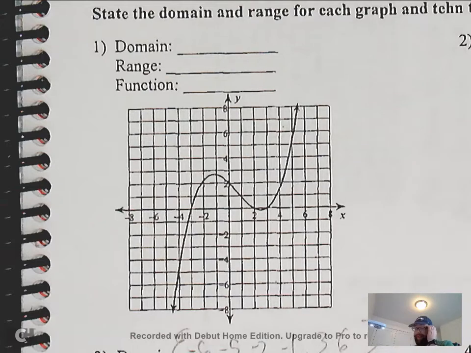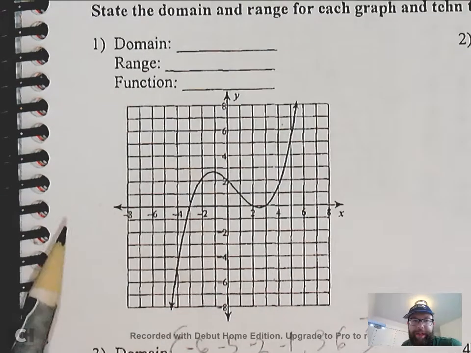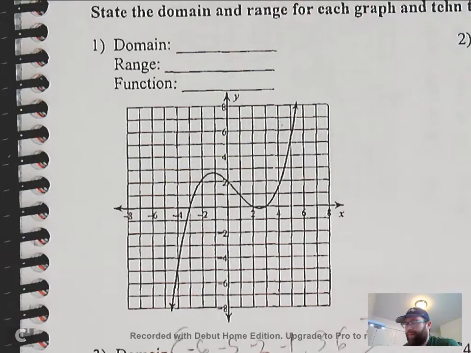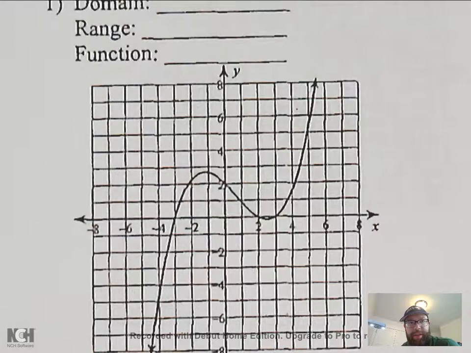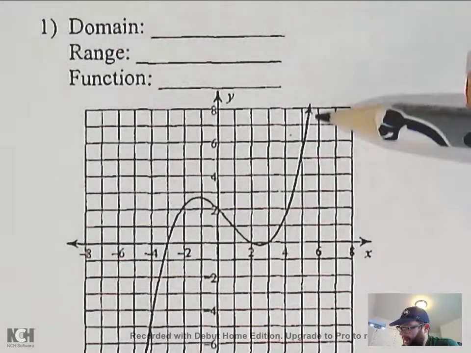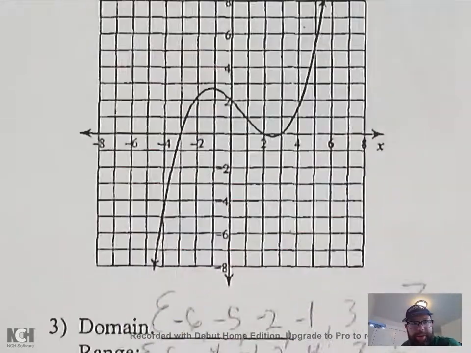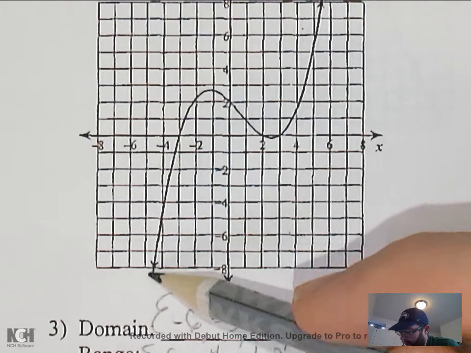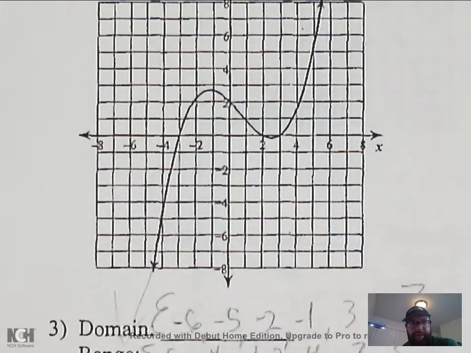Okay, so let's look at this one. Domain. Again, domain is all your x values, so I'm just trying to figure out what's happening from left to right. I'm going to zoom in here a little bit just so you can better see. This line has arrows at the end, right? Arrows mean it keeps going in that direction forever.